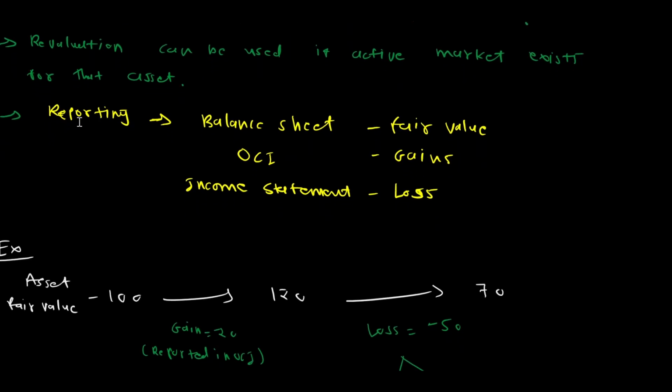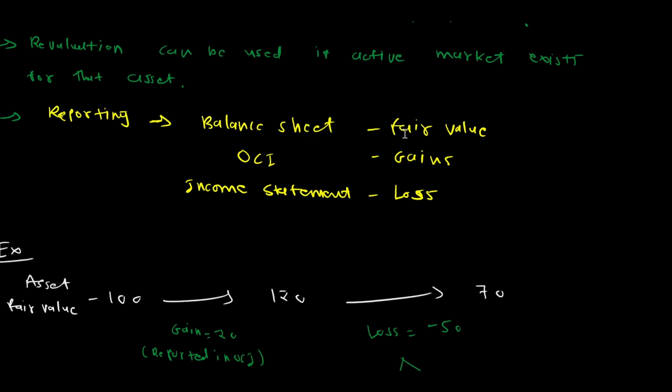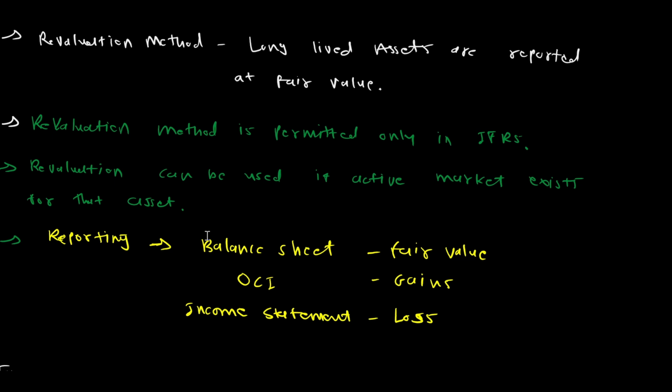So in the balance sheet you show the fair value. In the revaluation method you will show the fair value in the balance sheet, gains of that asset in the OCI, and loss in the income statement.